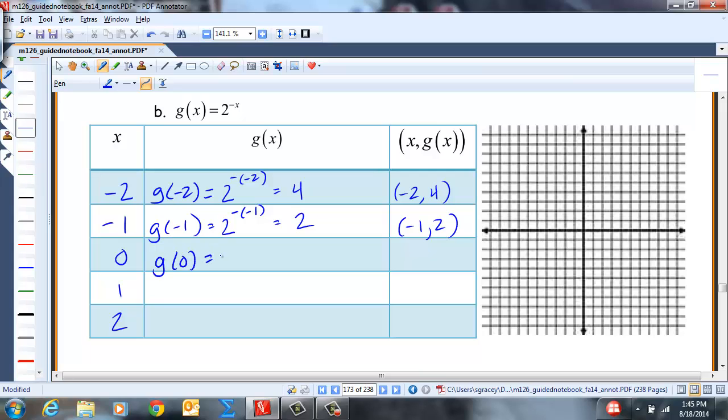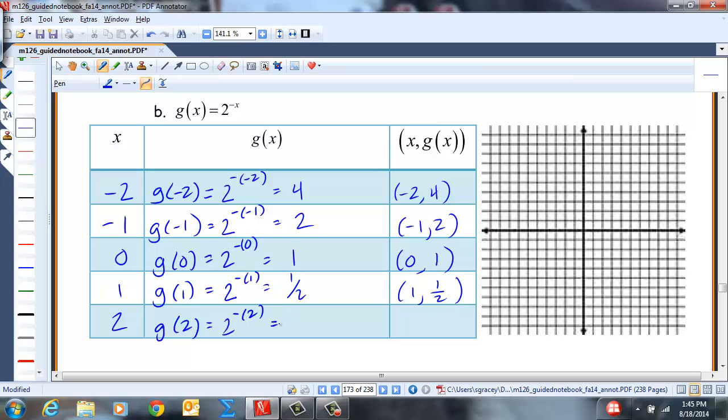G at 0 is 2 to the negative 0, which is 1. G at 1 is 2 to the negative 1, which is 1/2. And g at 2 is 2 to the negative 2, which is 1/4.